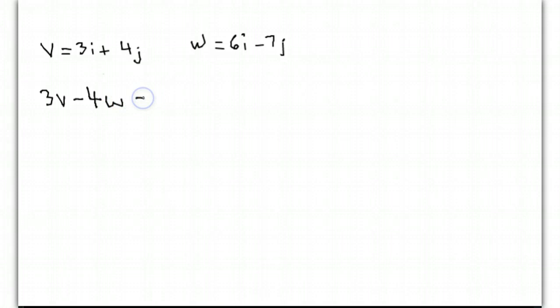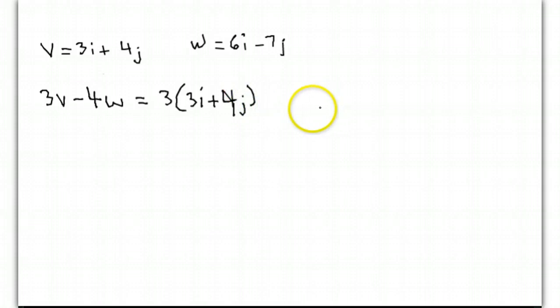So, the calculation of 3v minus 4w is, you know what the vector v is, so it's going to be 3 times whatever the vector v is, which is 3i plus 4j, and minus 4 times whatever the vector w is, which is 6i minus 7j.